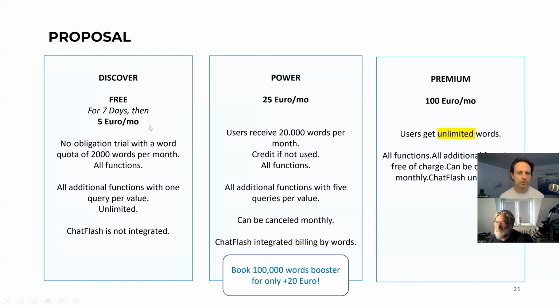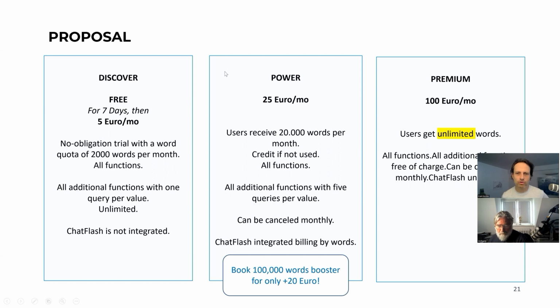So we think long term or midterm they should limit the free offer and make it a paid one. So introduce a trial, but then make it a paid one.